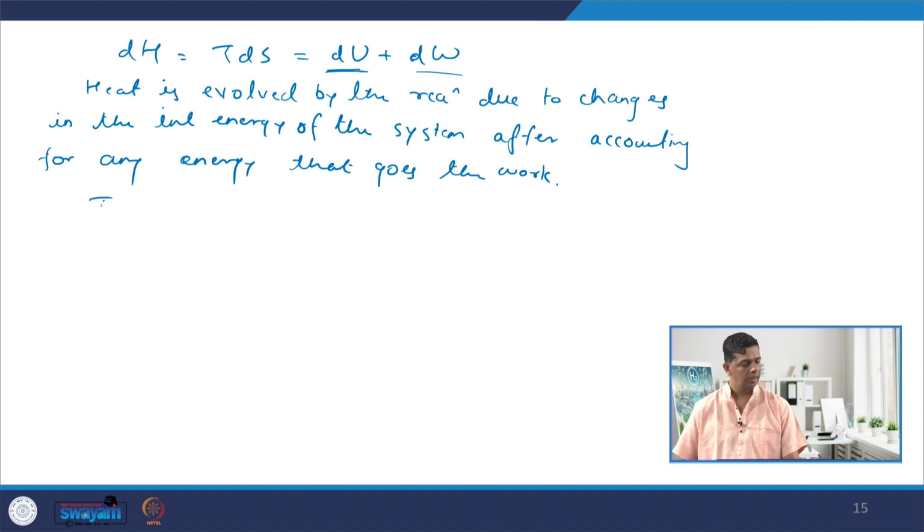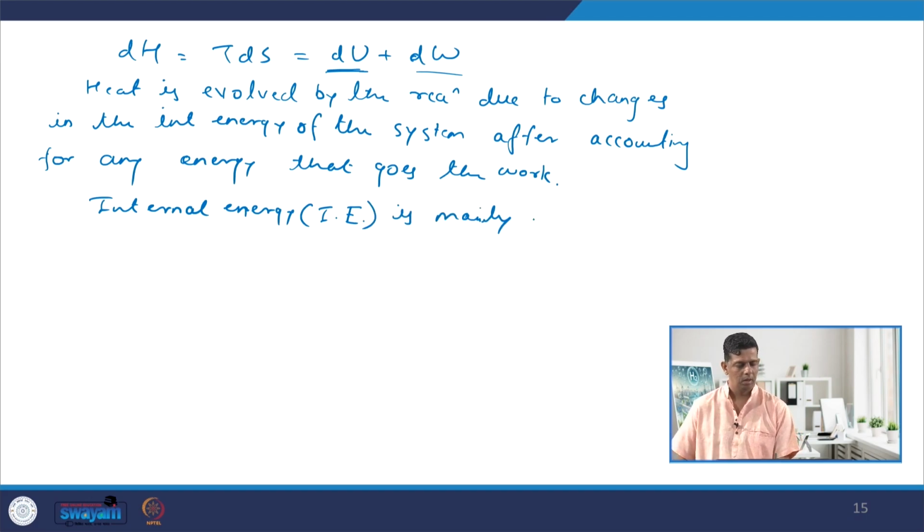So this internal energy, if we try to understand internal energy, is mainly due to reconfiguration of the chemical bonds.